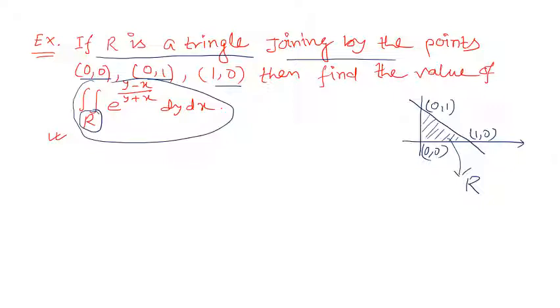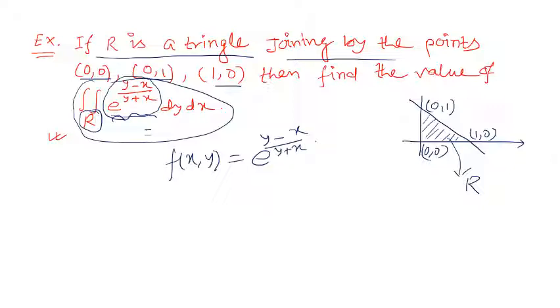To solve this type of problem, first of all, we need to take a suitable transformation, because if you start this problem with the original integrand, that is e to the power (y minus x) by (y plus x), then it is too difficult to evaluate, because this is a mixture of two functions, f(x, y) equals e to the power (y minus x) by (y plus x).